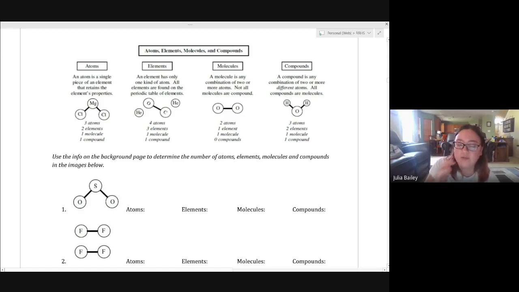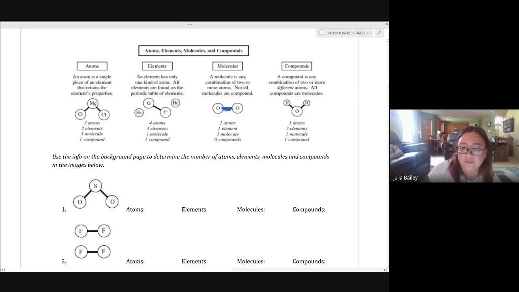But when you have multiple elements connected together, that is no longer overall an element. That's a compound. When you have two or more different types of atoms connected together, combined, then you're going to have a compound. And anytime any two elements are combined with a bond, that's going to be a molecule.